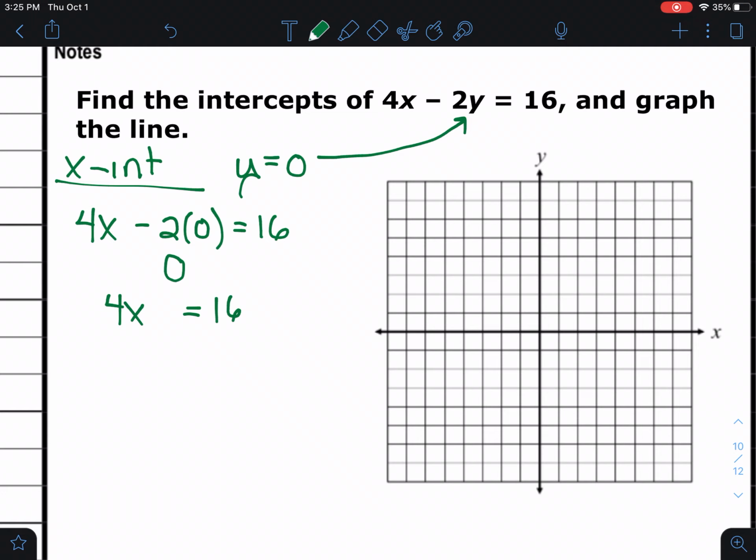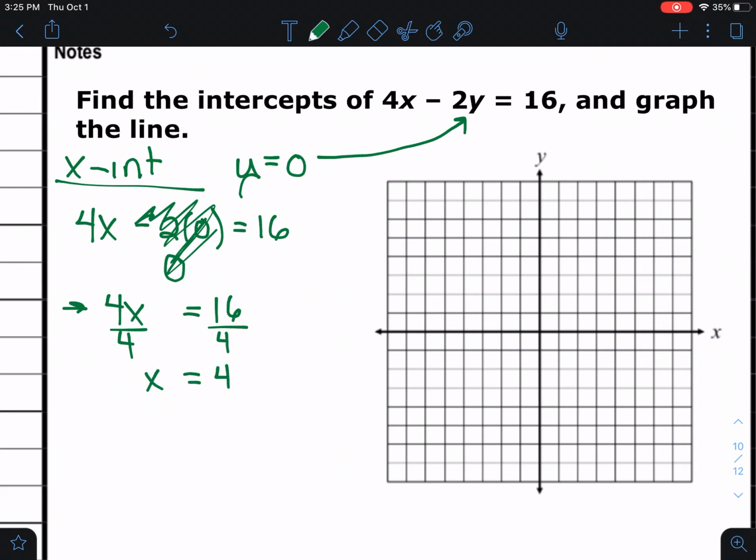In other words, I'm really just covering this up. And then I solve for x, divide by 4 on both sides, and so my x is 4.